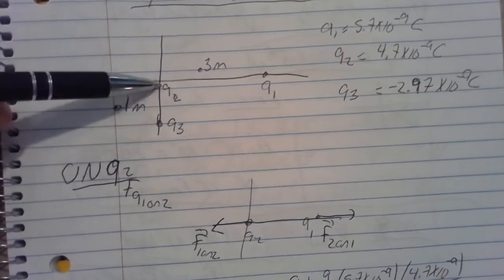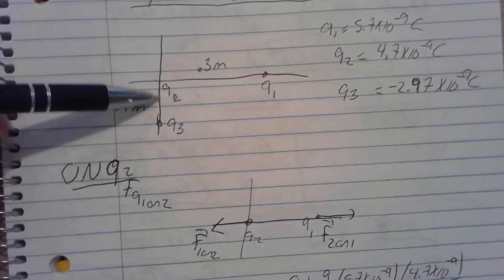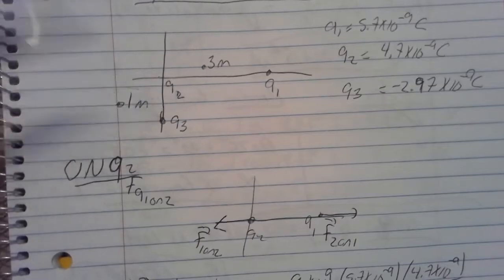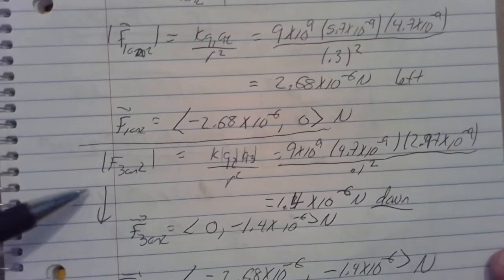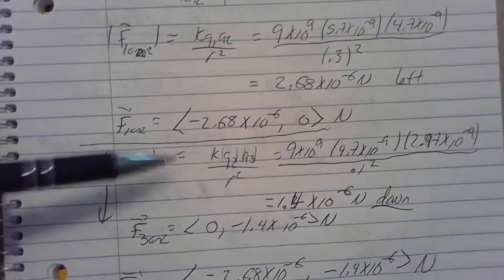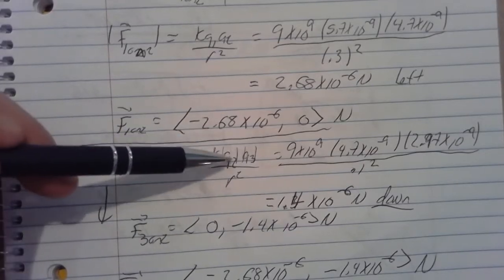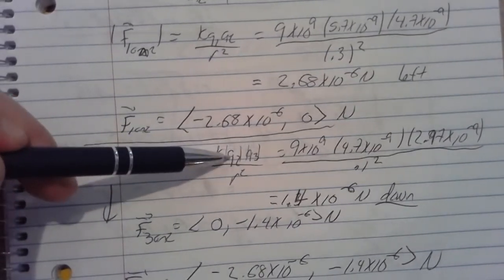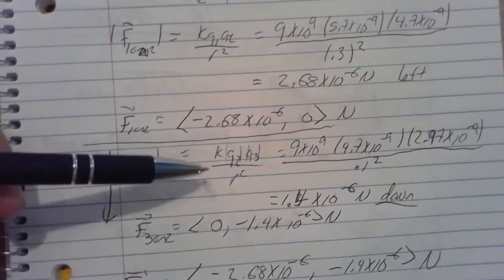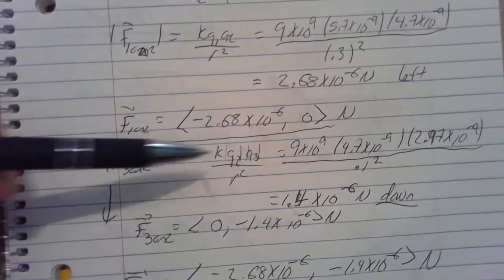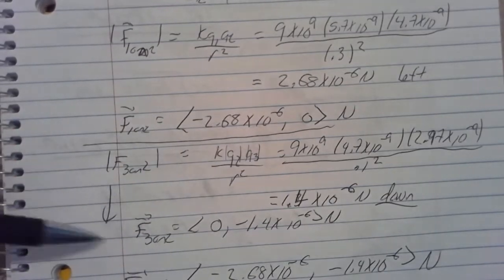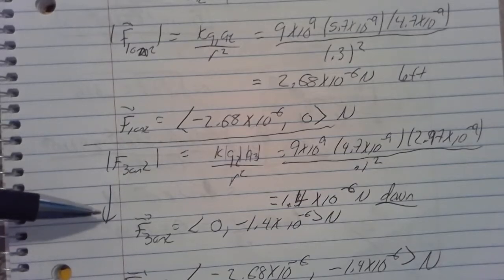Next, let's find the force from charge 3 on Q2. These are opposites, so Q3 is going to try to pull Q2 down. That's going to be a force down. In magnitude, that's k times the product of the absolute value of the charges. Never stick negatives into Coulomb's law. We already used the negative; that's how we figured out it was a downward force.